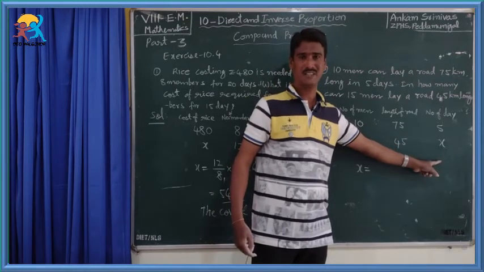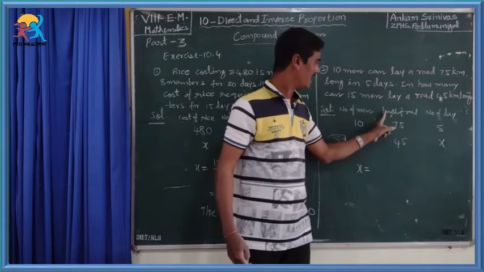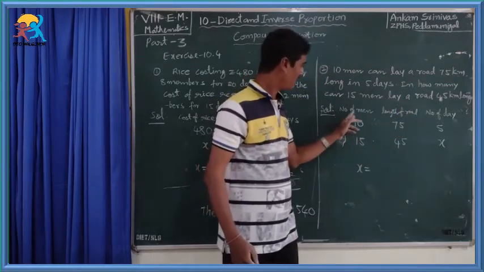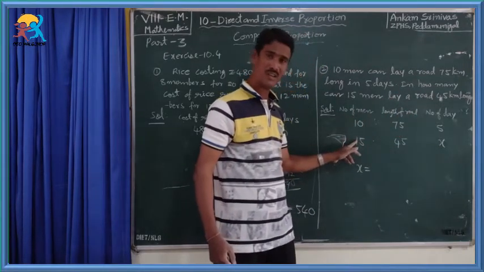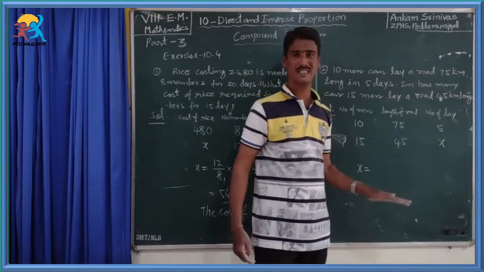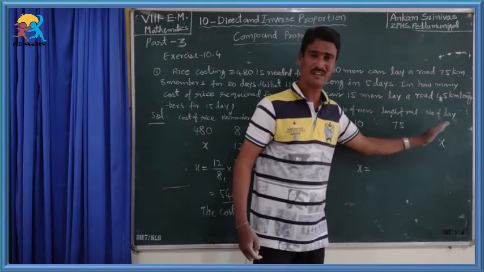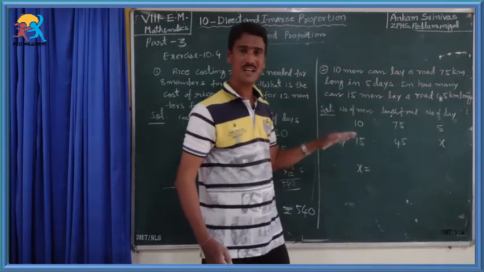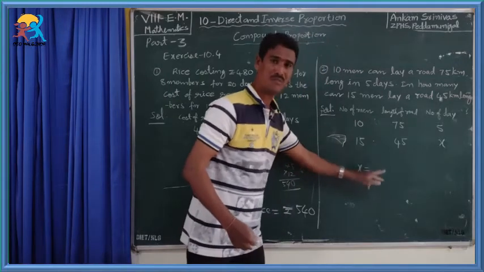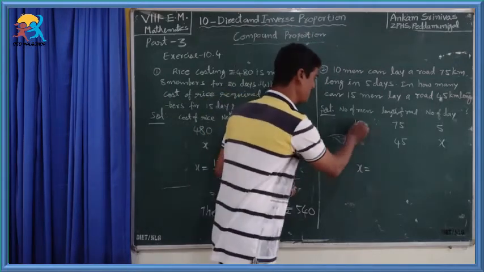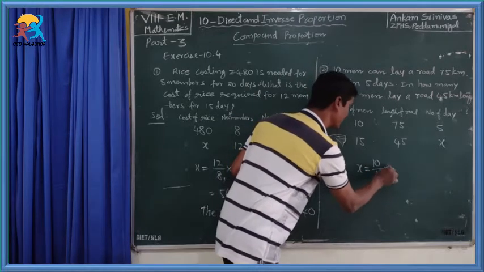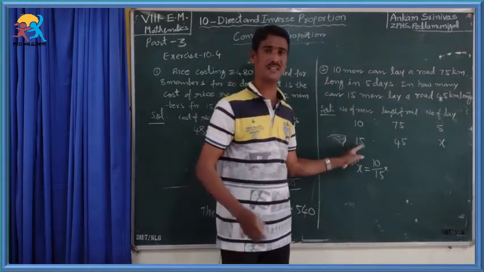Yes or no? Suppose the length of the road is the constant, number of men is more, then number of days will be less. So less means we have to take less to more. 10 is less than 15.